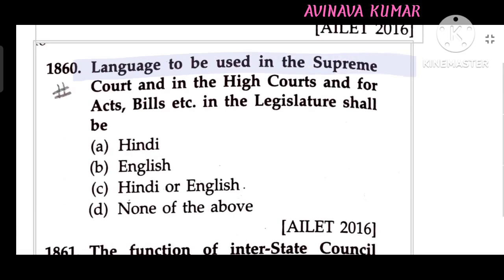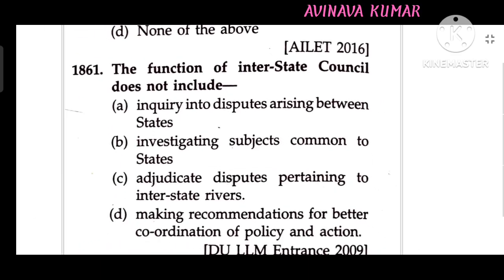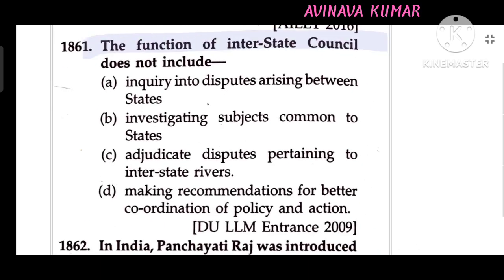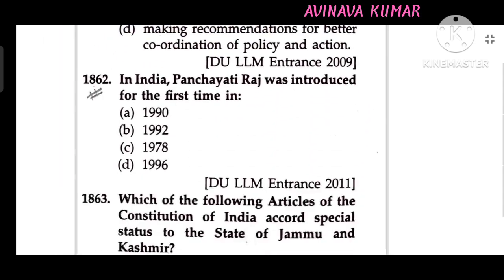The language to be used in the Supreme Court and in the High Courts, and for Acts, Bills, etc. in the legislation shall be English. The function of the Inter-State Council does not include adjudicating disputes pertaining to interstate rivers.